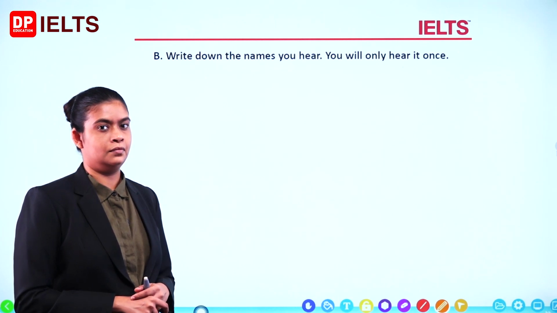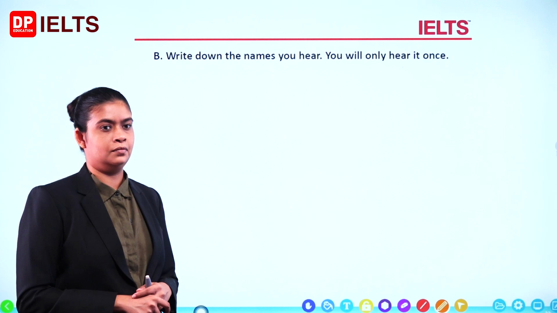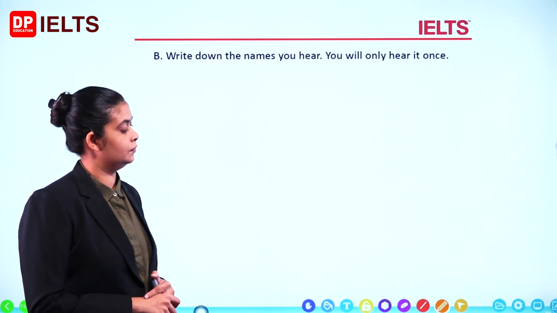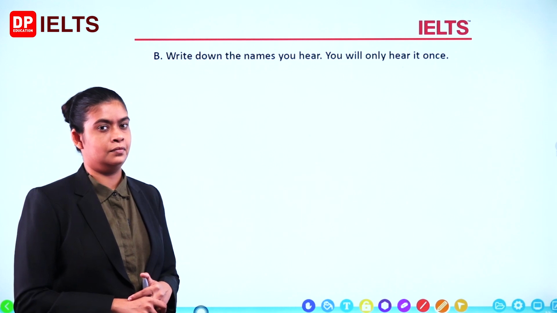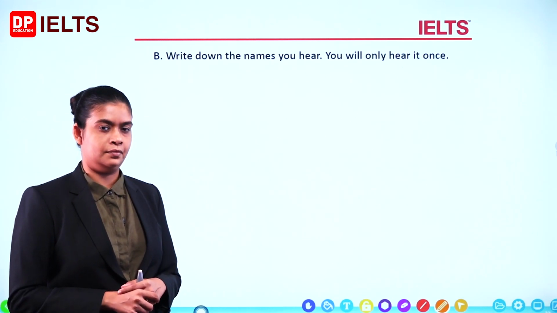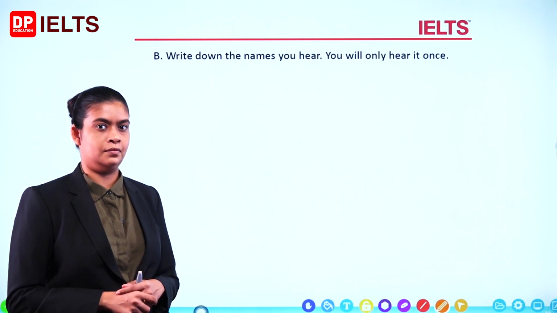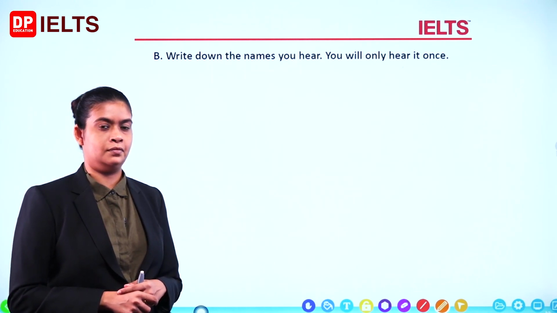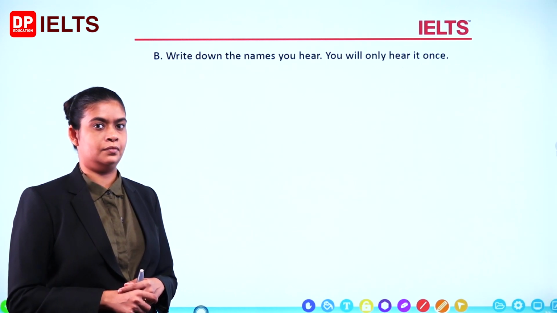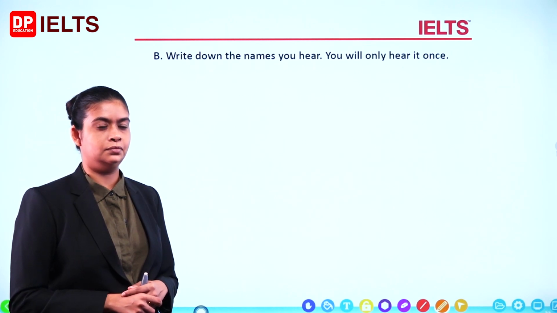Number 8. Mrs. Caroline Castle. Number 9. Charles Pringle. The family name is spelled Pringle. And finally, number 10, Emma Ford.